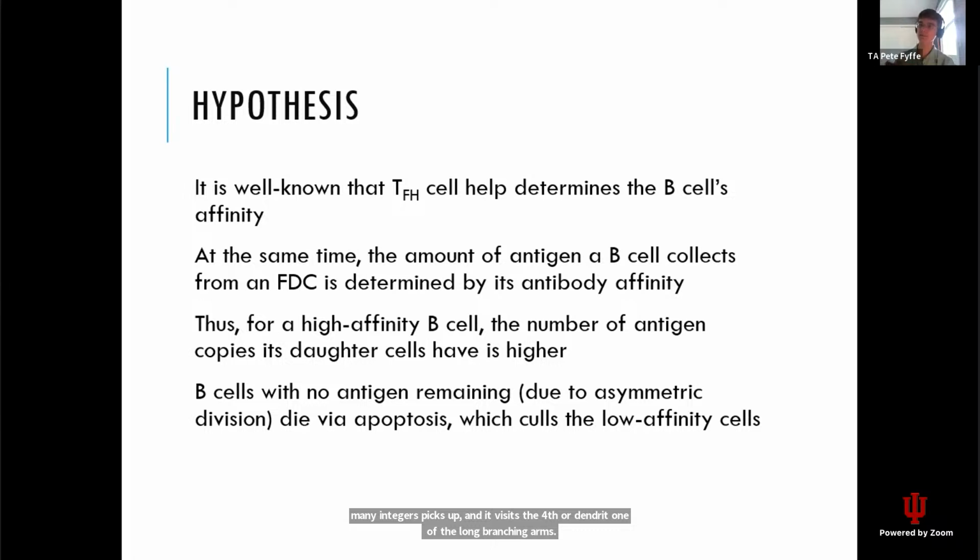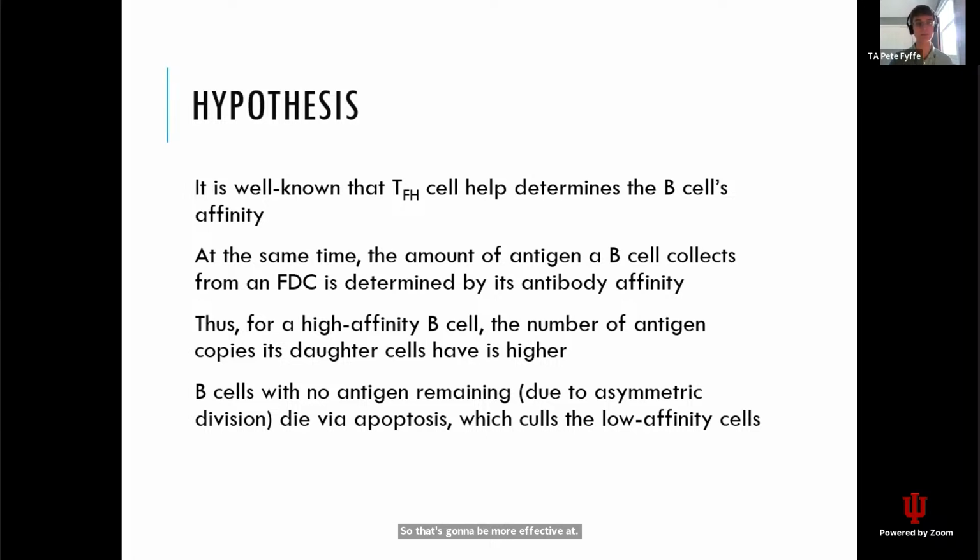Because let's say, for example, a B cell picks up a really large number of antigen by the FDC, then that will allow it to divide the maximum number, 6 times, when it returns to the dark zone. That will make it have more effective DNA, theoretically. So that DNA is going to be more effective at creating the perfect antibody.